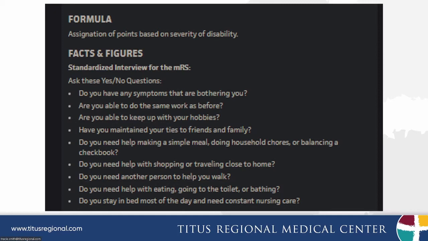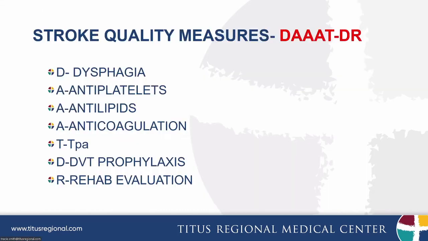Do you need any help with shopping or traveling close to your home? Do you need another person to help you walk? Do you need help with eating, going to the toilet, or bathing? Do you stay in bed most of the day and need constant nursing care? So this is the protocol we have to follow so that we can be consistent and reliable.